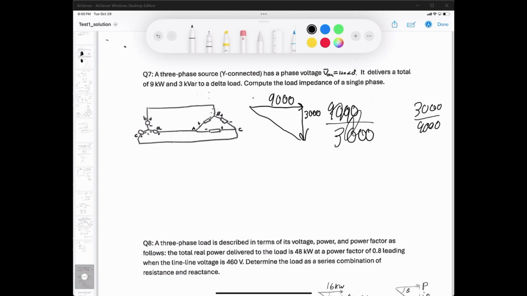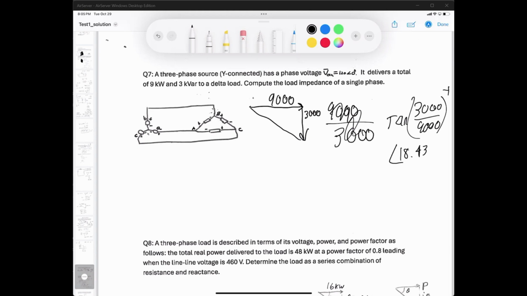And then grab the inverse tangent. That'll give you 18.43. That's the phase angle of your power factor, which directly relates to our impedance, right?